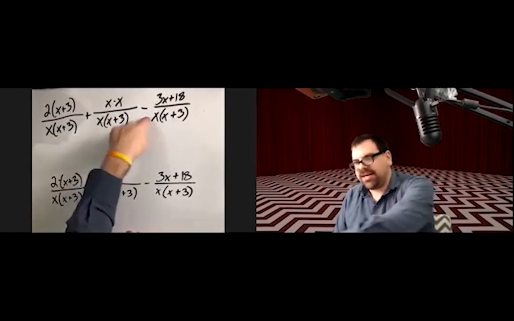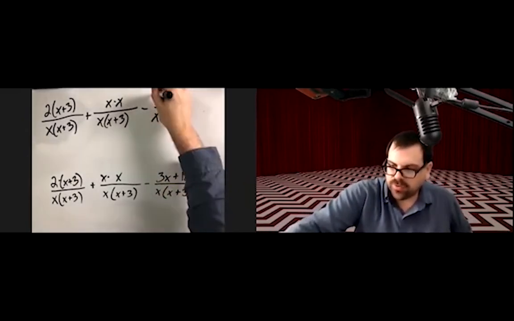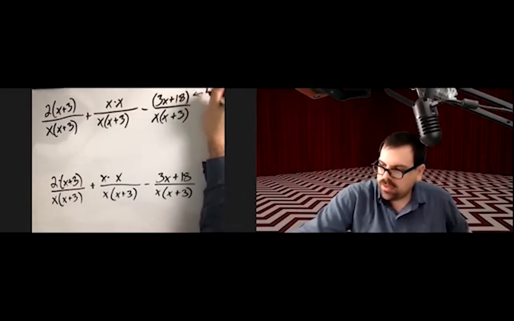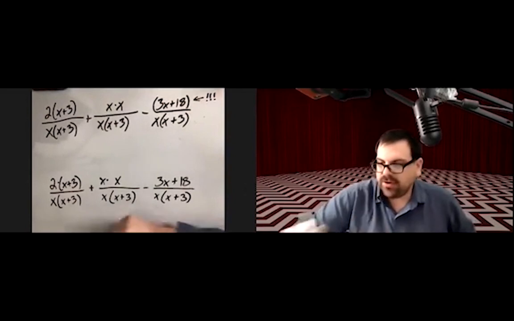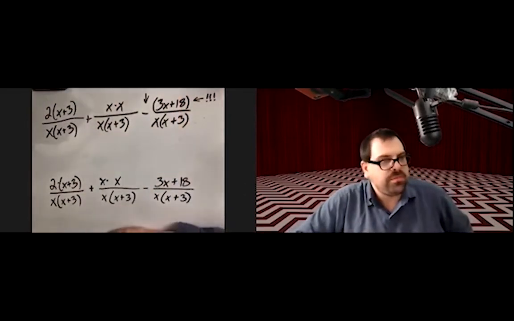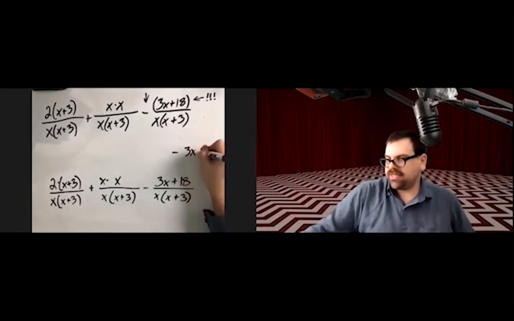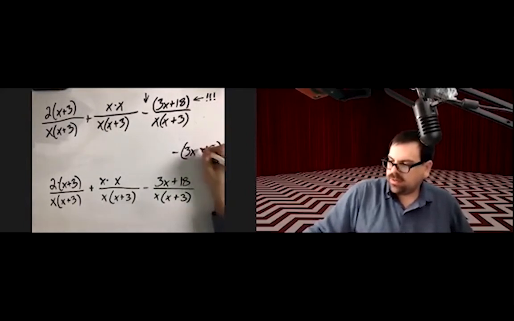See how we're going to be subtracting this fraction, which means subtracting that whole numerator. Let's go ahead and put in our parentheses now, because we're going to be careful because of that minus. We don't want in the long run to write minus 3x plus 18. That's not right. We want to be able to write minus this entire thing.